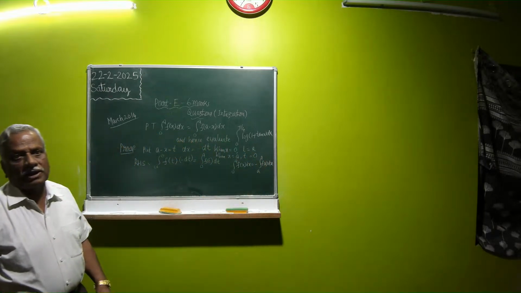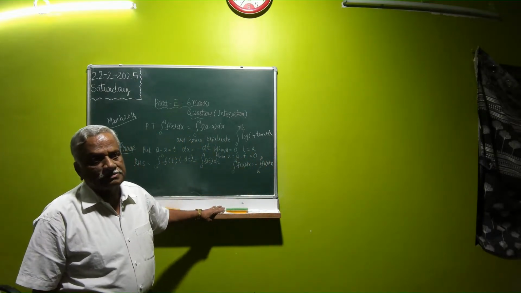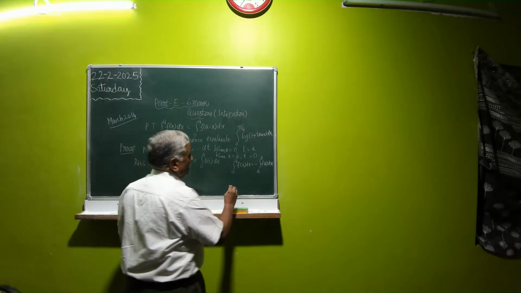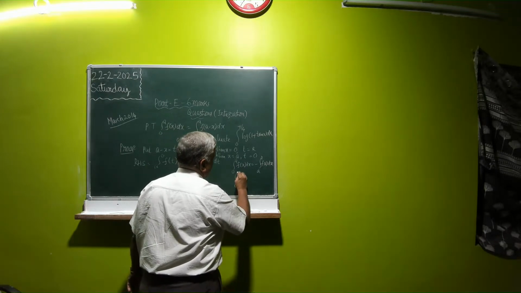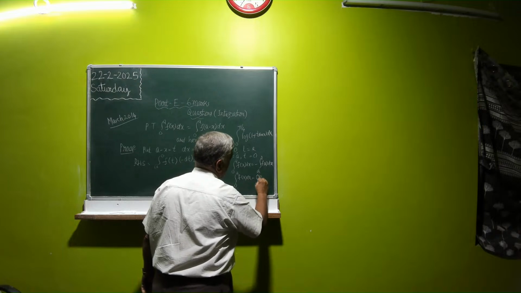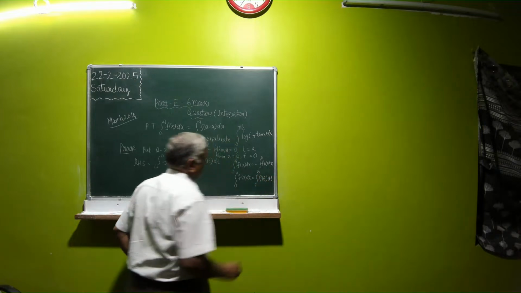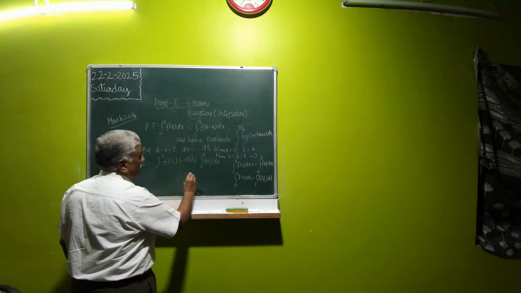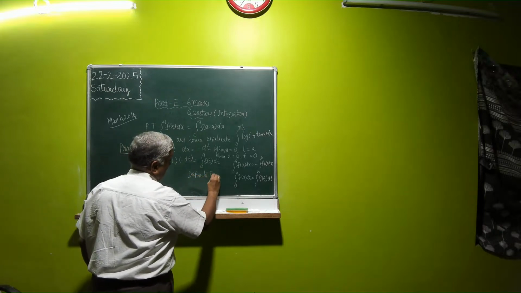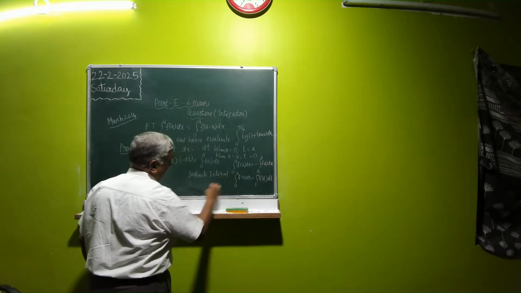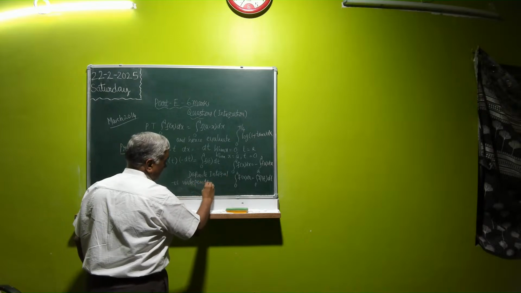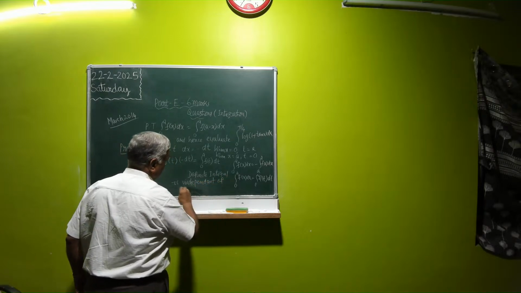When you interchange upper and lower limits, the value of the integral gets multiplied by minus sign. So there is one more formula, a standard one. Integral 0 to a f of x dx is equal to integral 0 to a f of t dt. That is, we say definite integral is independent of the variable.